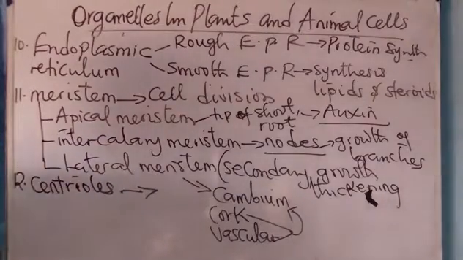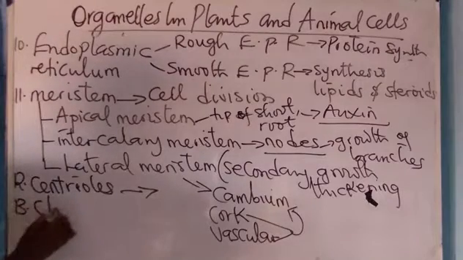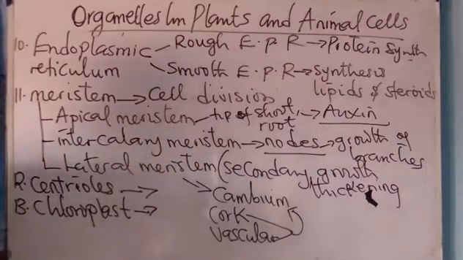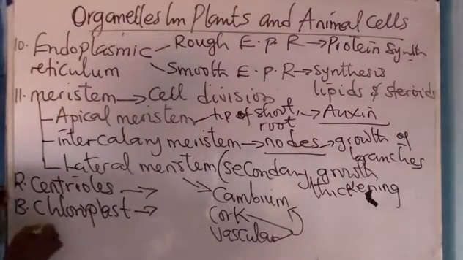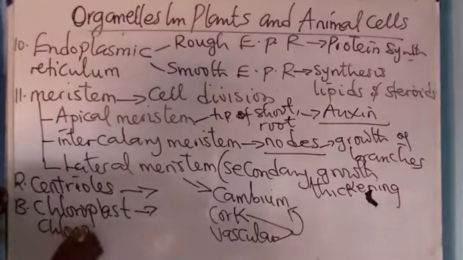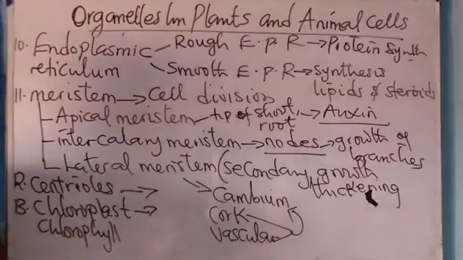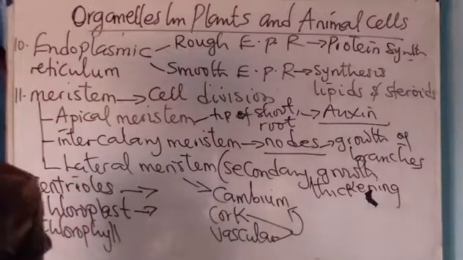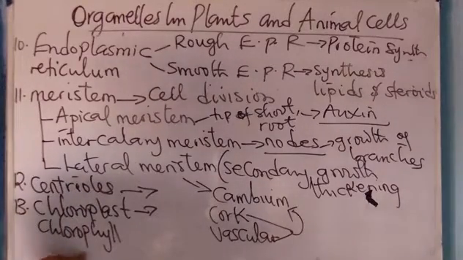Okay, good. Number 13, you have the chloroplast. I almost forgot. The chloroplast has a green pigment called chlorophyll. Photosynthesis does not occur in the chlorophyll.